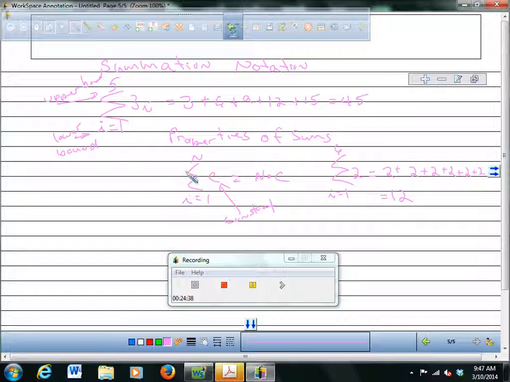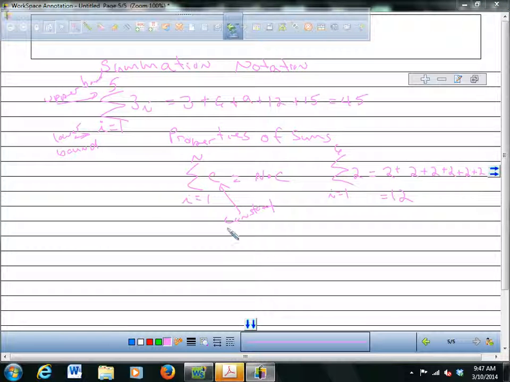Okay? Another property is that if you have the sum from i equals 1 to n of c times a sub i, if this is a constant, I'm allowed to pull that constant through the summation symbol, and I get c times the sum from i equals 1 to n of a sub i.